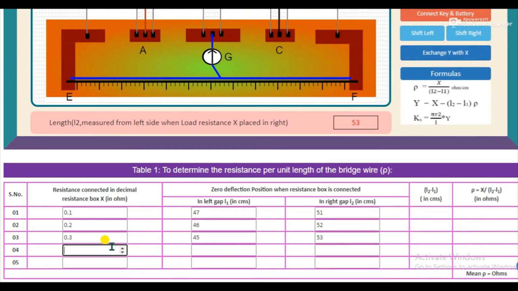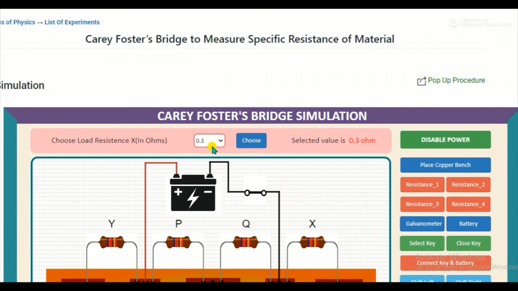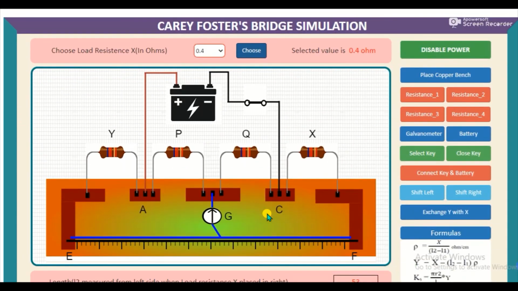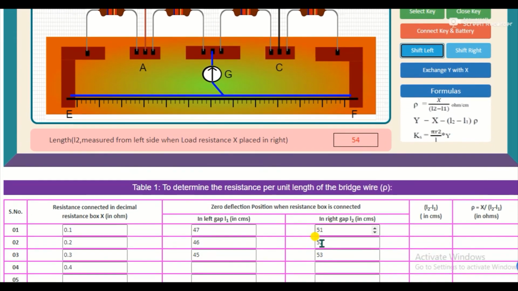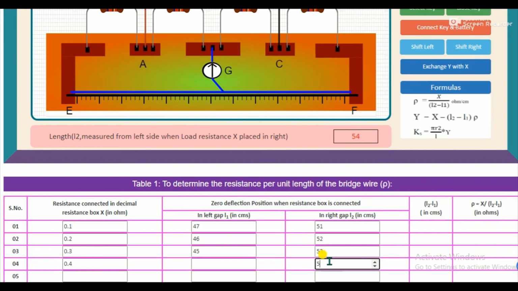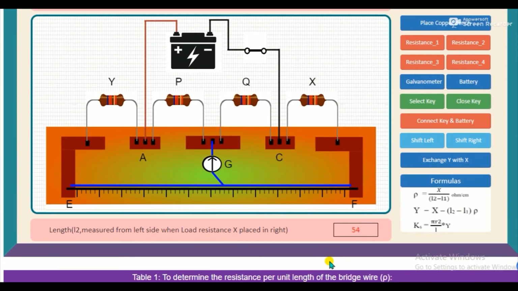Fine. Next we will do it for 0.4. Let's do it quickly now. Choose 0.4. We will have to shift it towards right. So yes, L2 is 54. Fine.